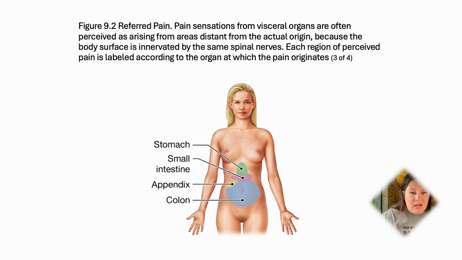So continuing, there are different areas for referred pain that you might put in the back of your mind to tease out when you are assessing your patients. For example, epigastric pain right under the xiphoid, right at that diaphragm area, may be a sign that there is something going on with the stomach, which is actually more lateral on the left side.